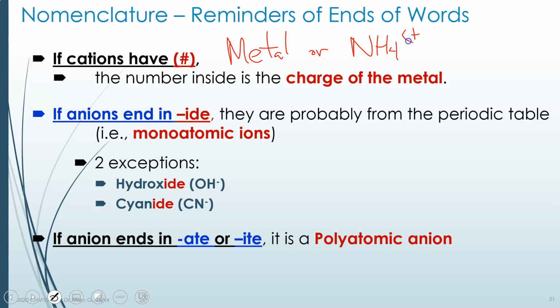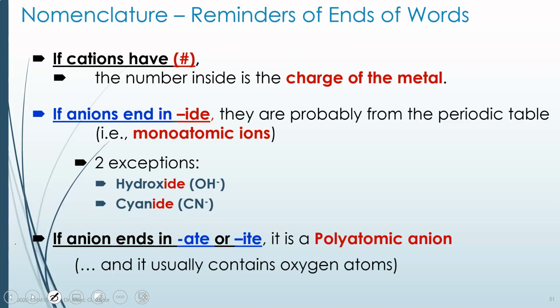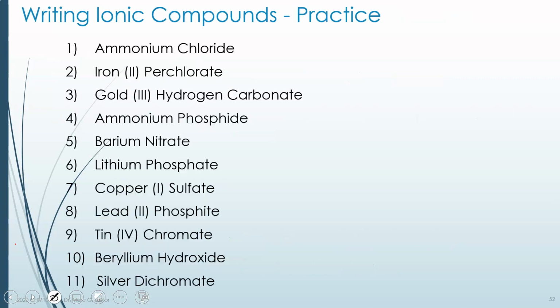And that is a +1 charge. Those are your only cations. And if it has a metal or an ammonium, it's an ionic compound. Use ionic rules. And the "ite" and "ate" tells you it's a polyatomic right away, and it usually has oxygen in it.